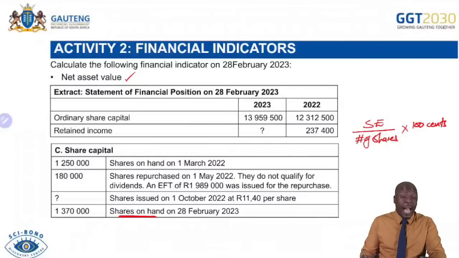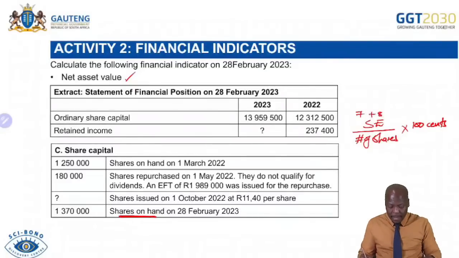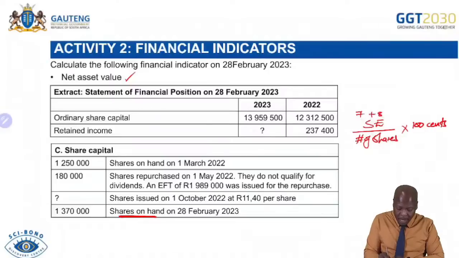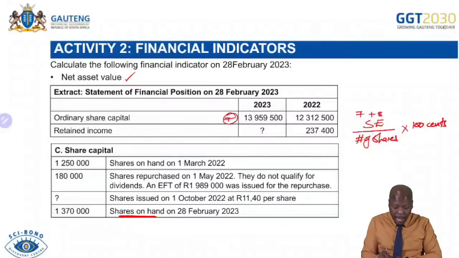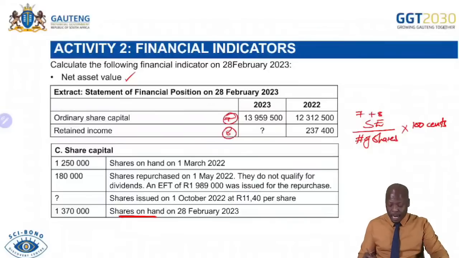My shareholders' equity, I remember it's made up of 2 notes. You remember those notes? Note number 7 and note number 8. That simply means note number 7, I'll come here, this is my ordinary share capital. Okay, so I'm sorted there. And then I now need the information for note number 8, that is my retained income.